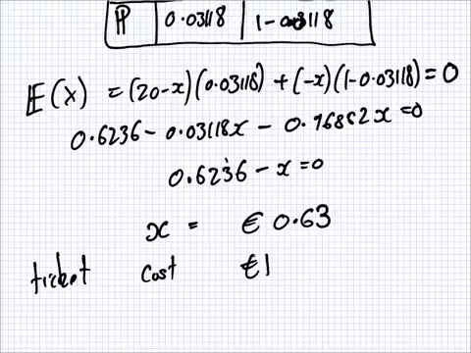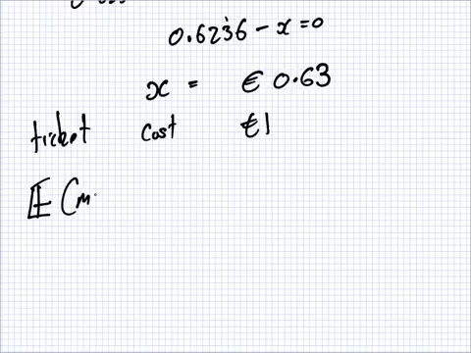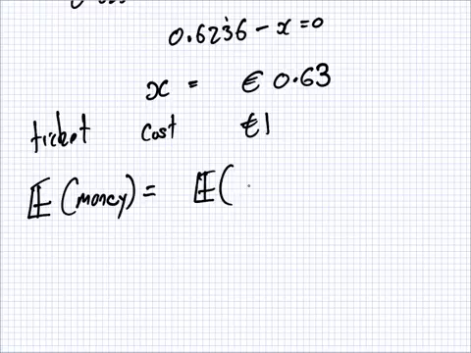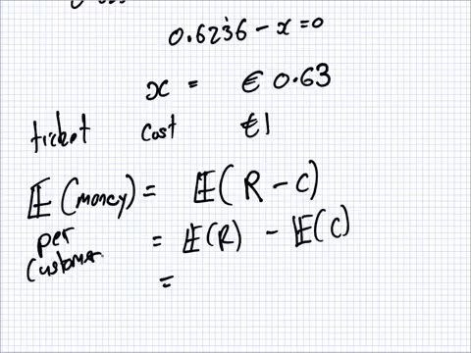So what's going to happen here is the expected money that the business will make, expected revenue minus expected cost, per ticket.